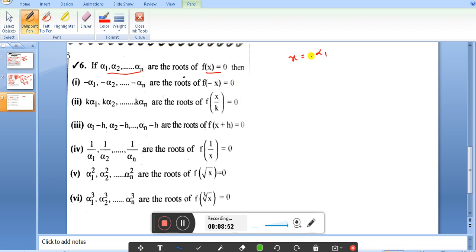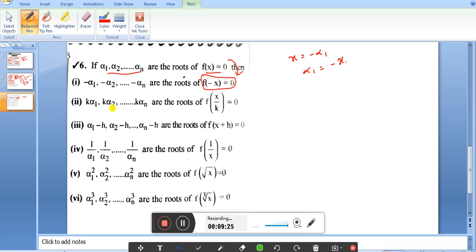When minus is sent to the right side, alpha 1 equals minus x, this minus x we have to write here. This we call the negative equation of the given f of x, that is f of minus x. And this is k into alpha 1, k into alpha 2, k into alpha 3, these are k times roots.